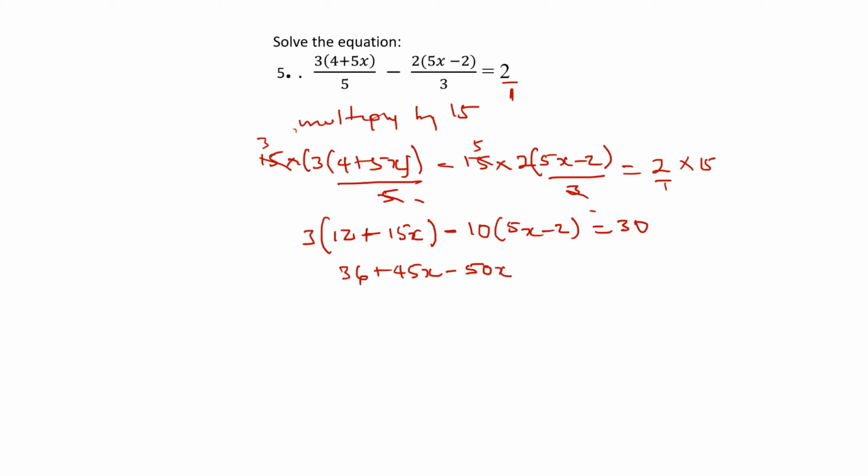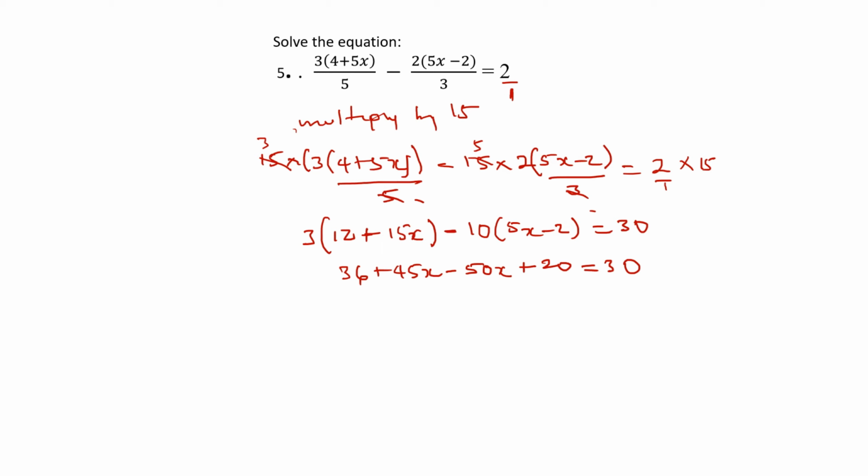Minus 10 multiplied by minus 2 is positive. 10 times 2 is 20. Minus multiplied by minus is plus. So we have this equals to 30.